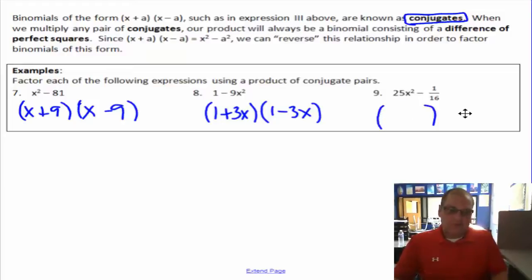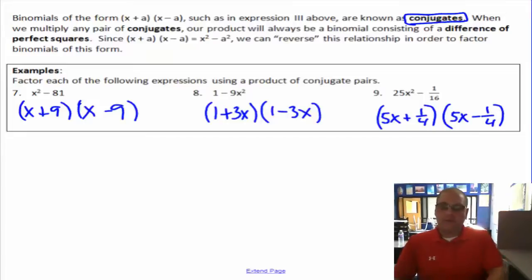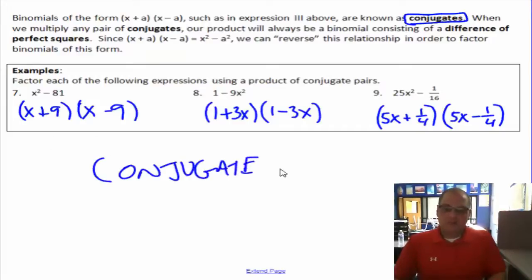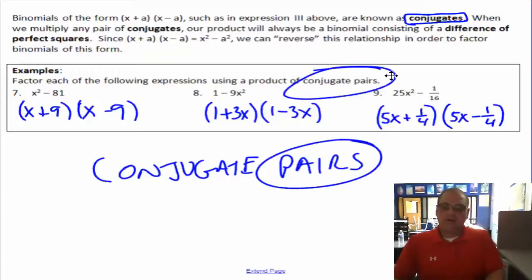Everything's still a perfect square. 5x plus 1/4 and 5x minus 1/4. It's that simple. These are all conjugate pairs. Right there. Meant to circle that.